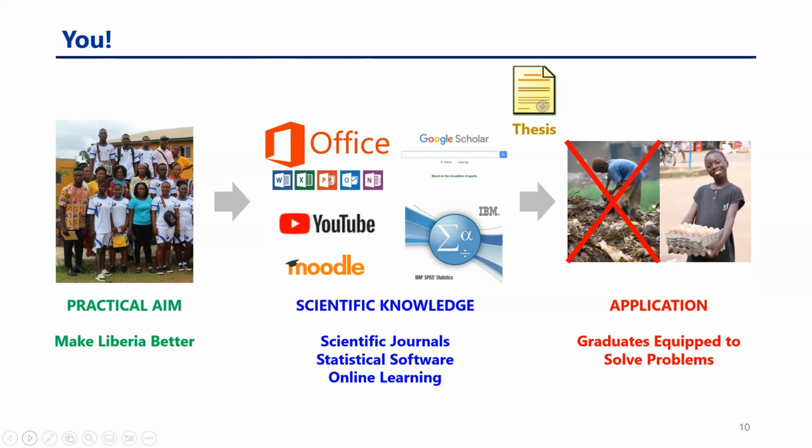And you can use technology to access all kinds of scientific knowledge, including scientific journals, statistical software, and online learning. You'll use those technologies and the information they can get to write your thesis. And ultimately, the application is that you will become a graduate who is equipped to solve problems in Liberia.